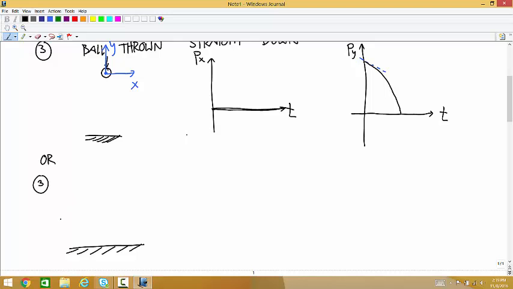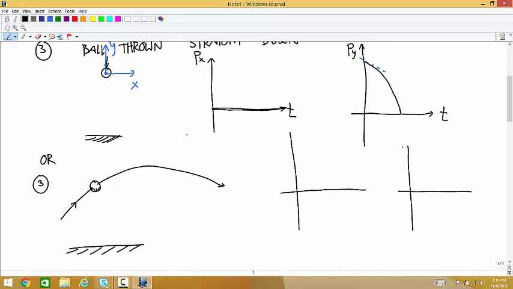So the one where it's thrown to the right. It's following a path like this. The initial velocity vector is up and to the right.